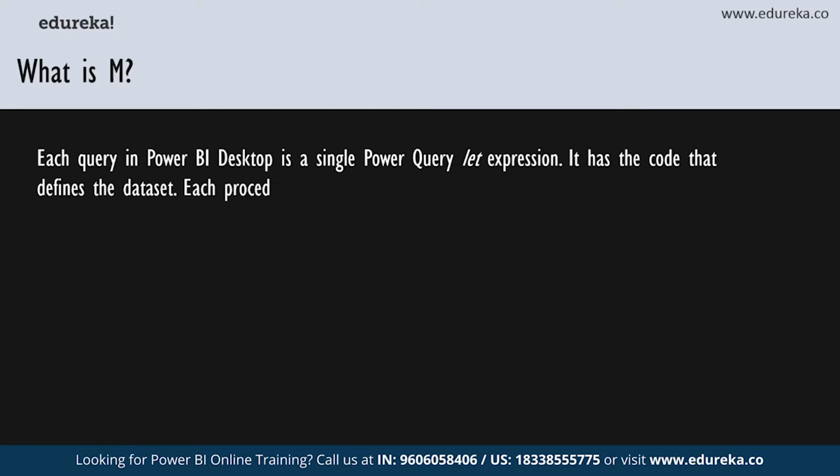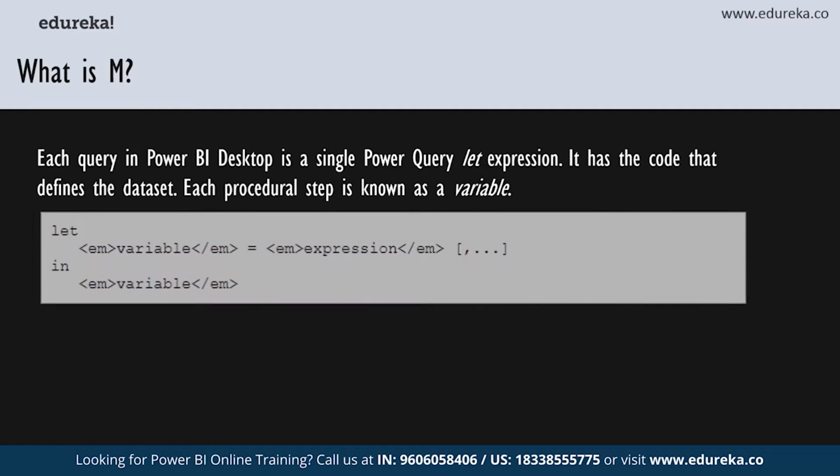Now, each query in the Power BI Desktop is a single Power Query let expression. It basically contains all the code elements that are necessary to define your data set. A let expression is made up of a let statement and an in statement, as you can see in the syntax before you. The let statement includes one or more procedural steps that define the query.